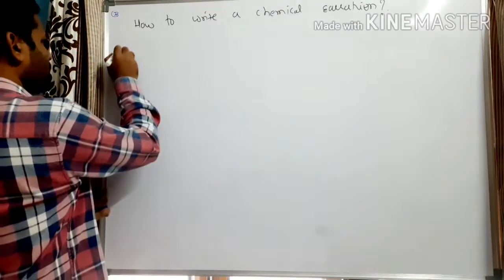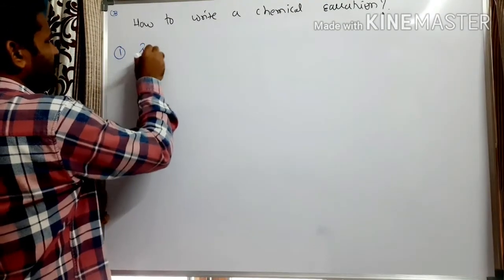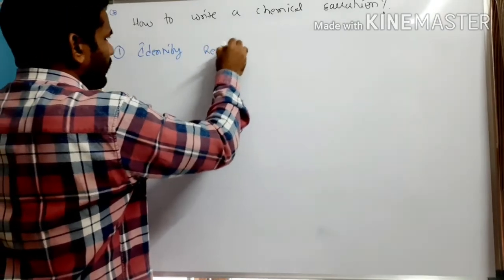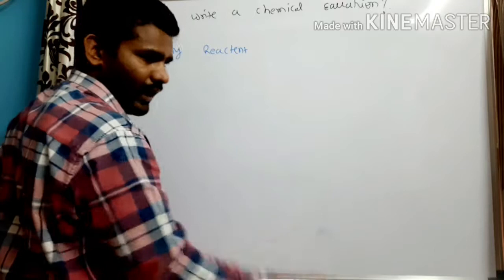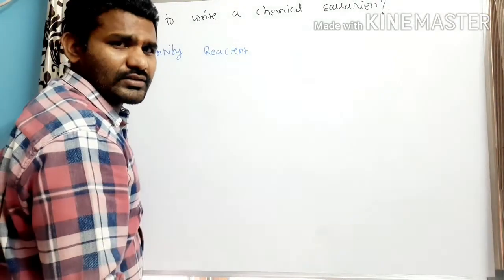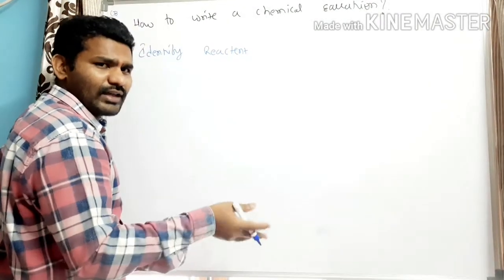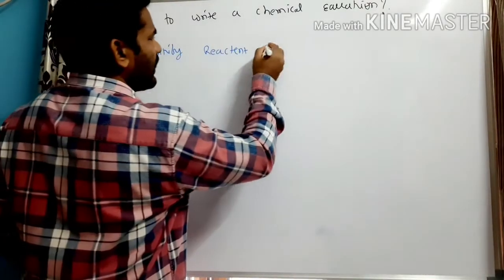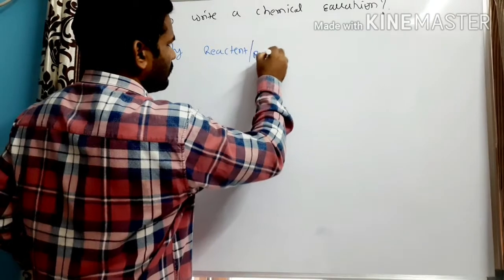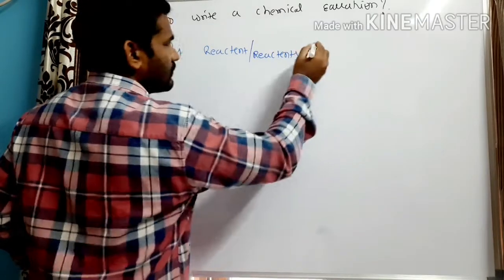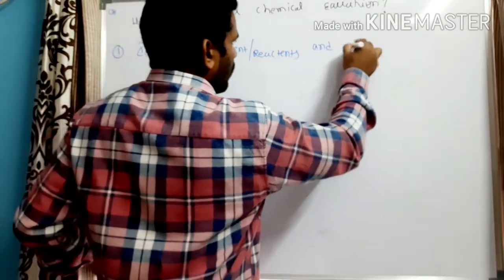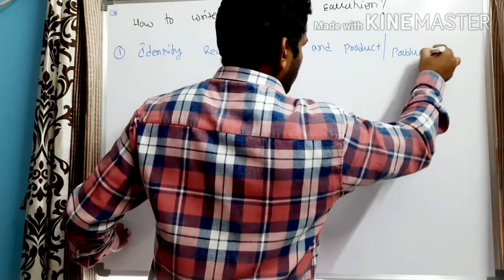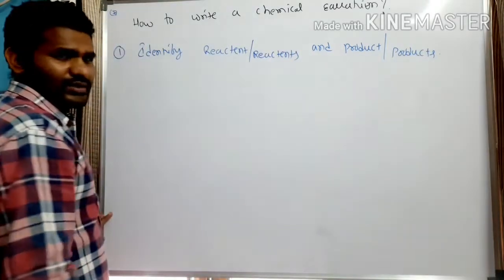First step is to identify the reactant or reactants. If more than one reactant is there, we call them reactants. First step is to identify the reactants and the products. Product is singular, products is plural.